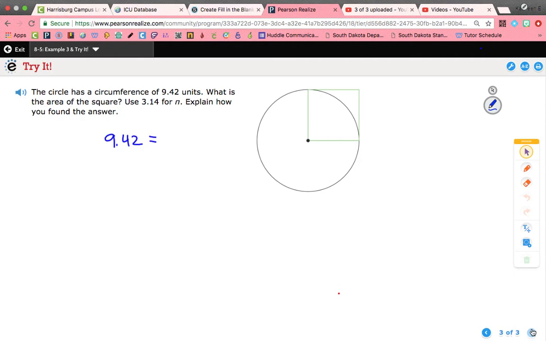So we have circumference equals pi times diameter. What is the area of the square? Oh, circle, square, gotcha. So we have pi times diameter, which means we're going to divide by pi.